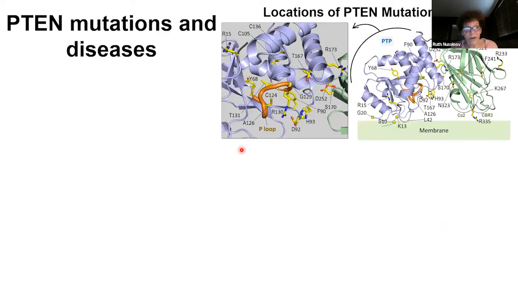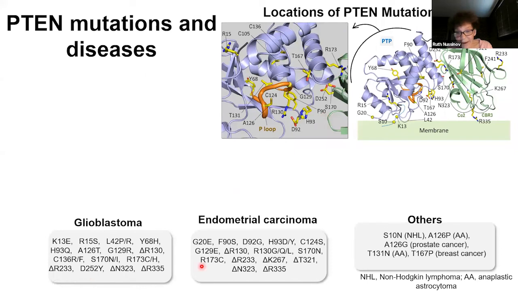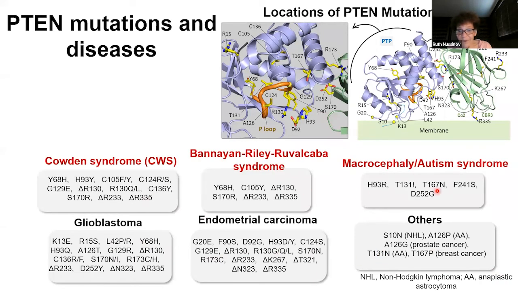So here we looked at the PTEN mutations in disease. Here you see mapped in the phosphatase domain. So here are mutations in PTEN which relate to cancer. And here are mutations which relate to neurodevelopmental disorders, specifically ASD, the autism spectrum disorder.